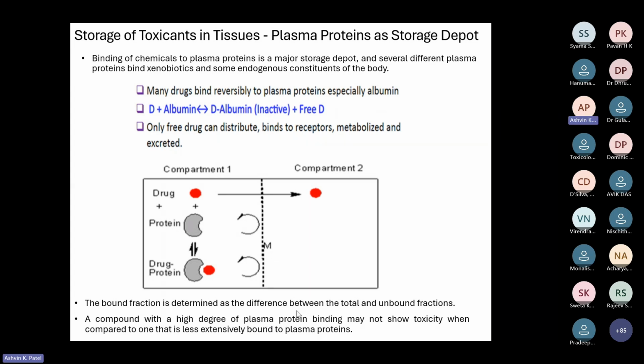Albumin is the major plasma protein and it binds many different drugs and xenobiotics. Albumin is present in the plasma at a concentration of 500 to 600 micromolar, is the most abundant protein in the plasma, and serves as a depot and multivalent transport protein for many endogenous and exogenous compounds.